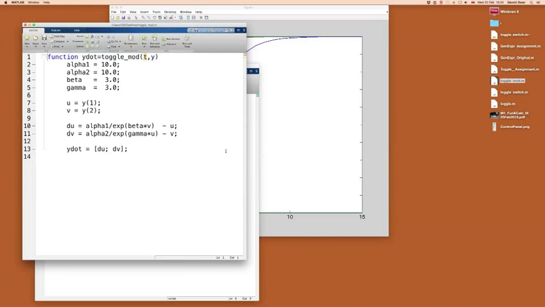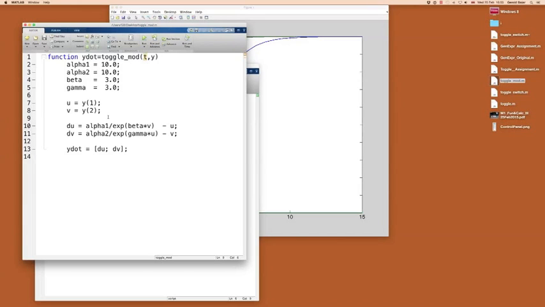So I just want to mention one modification that you could do: you can modify your function file such that you simulate perturbations, which we'll do at a later time point. You could do perturbations such that for certain time points, you change certain values of parameters.